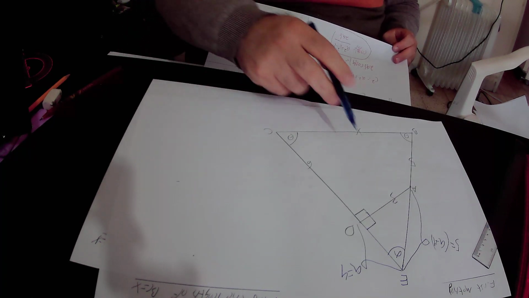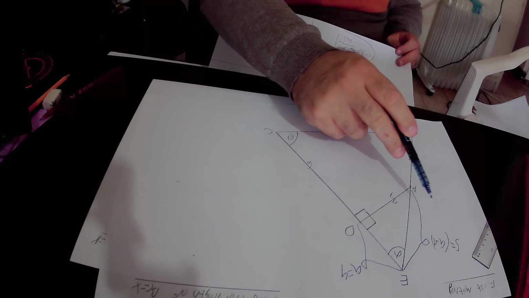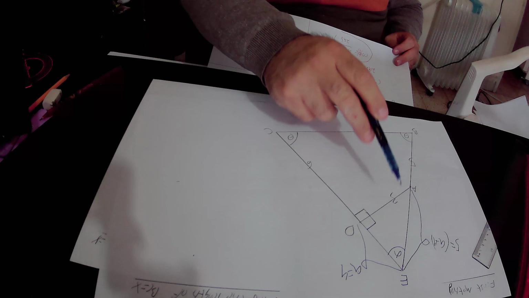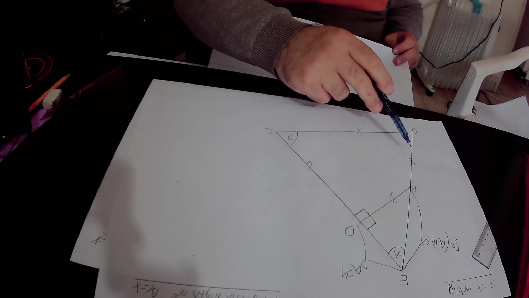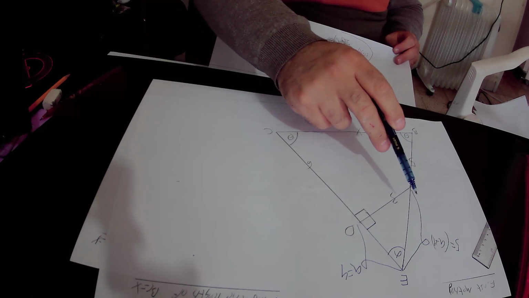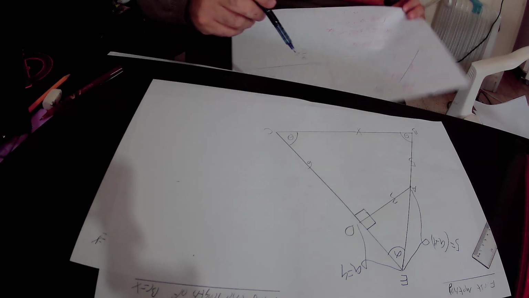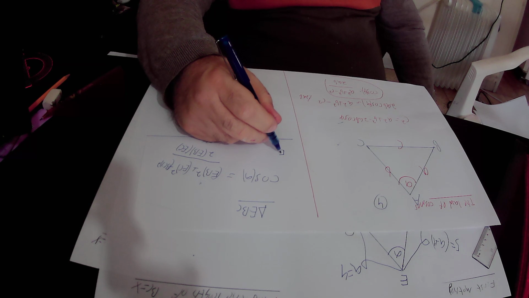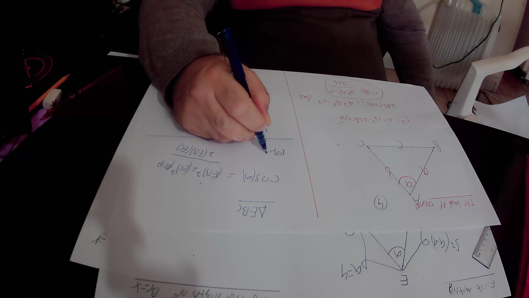What is the length of EB? EA equals 5, AB equals 5, and EB equals EA plus AB, that is 5 plus 5, which is 10. So we can write down that EB equals 10.